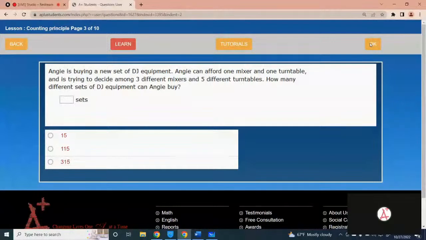She has 3 options for mixers and 5 for turntables. So the total choices are 3 times 5 is 15. Yes, very good. It is 15. So she has a total of 15 choices. Got it?